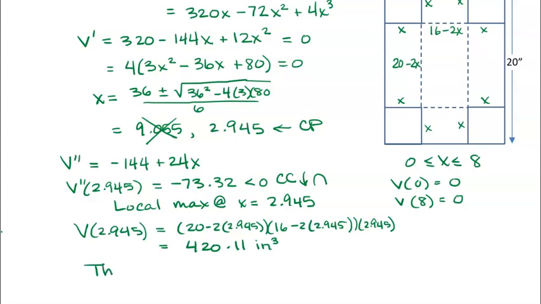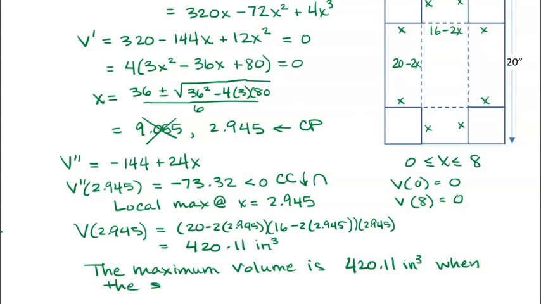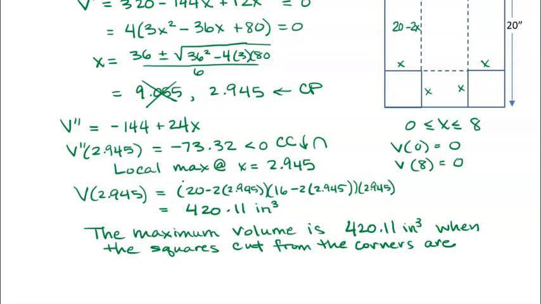My final conclusion is that the maximum volume is 420.11 cubic inches when the squares cut from the corners are 2.945 inches by 2.945 inches.